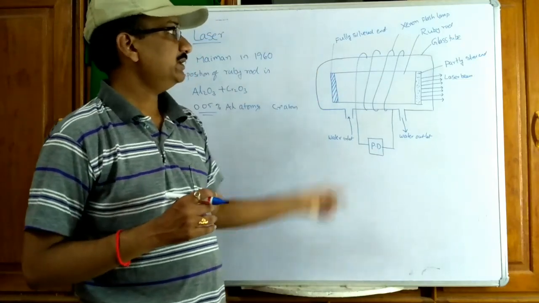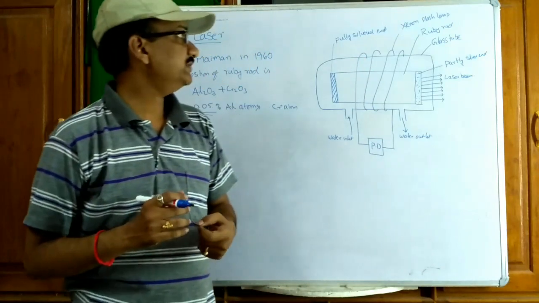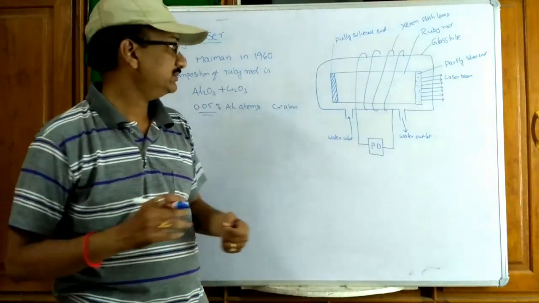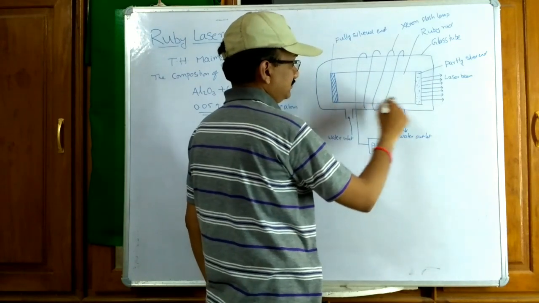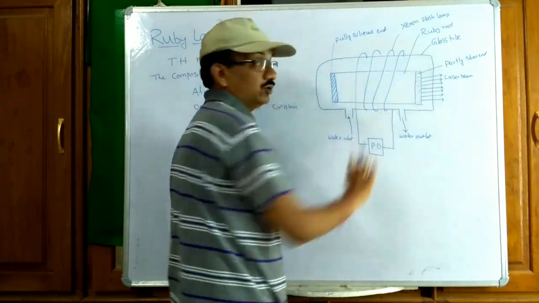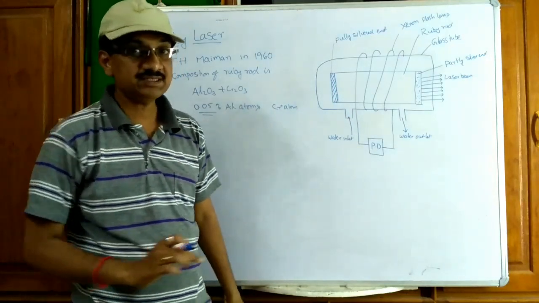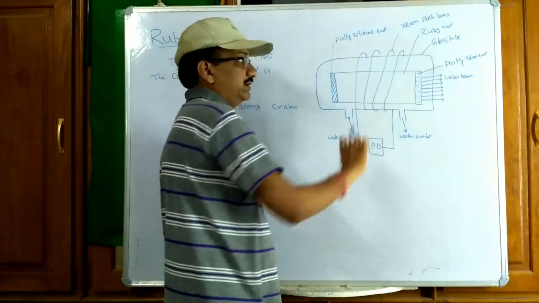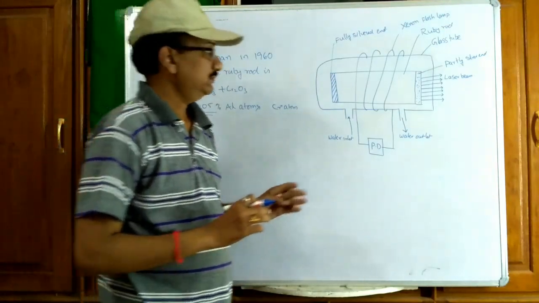First of all, I would like to explain the construction of this experiment. We have to consider a cylindrical ruby rod, of length on the order of centimeters and diameter on the order of millimeters.